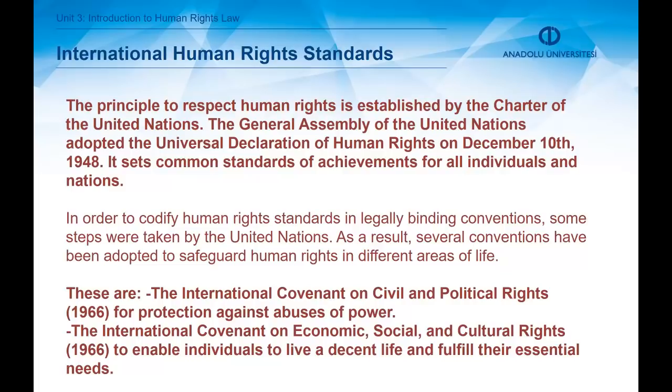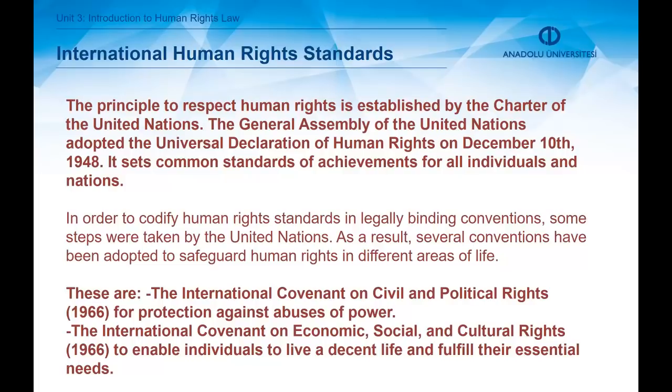So, what's the beginning? We can say that in 1966 we have two conventions. These are very important, and these are called the twin conventions. Okay, let's see what these conventions are about.